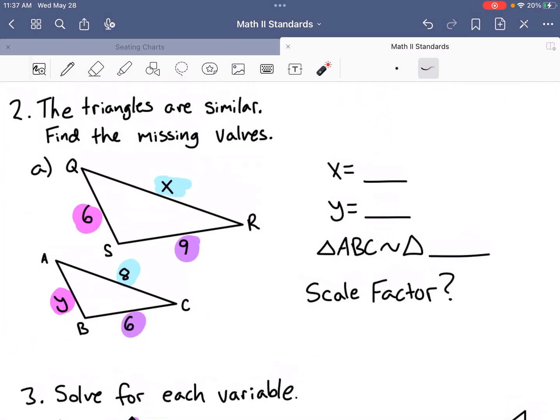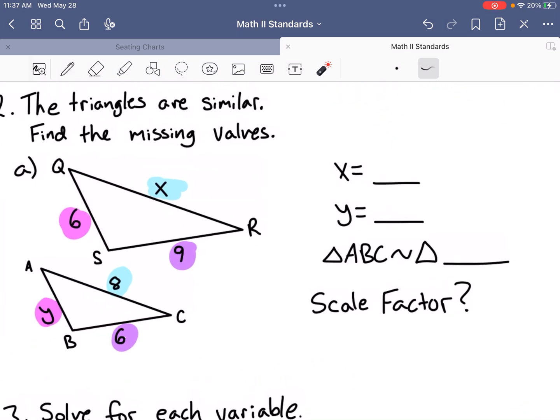Now, if we know that the triangles are similar, well, based off of the side-side-side similarity theorem, if they're similar to each other, then the 3 sides should all be proportional to each other, meaning that I should be able to set up ratios of corresponding sides that all come out to be an equal number.